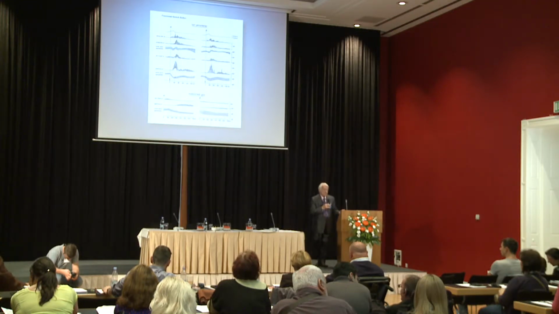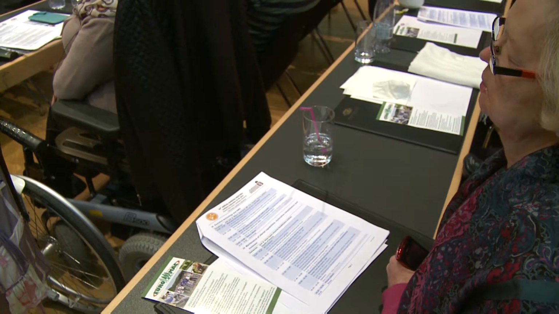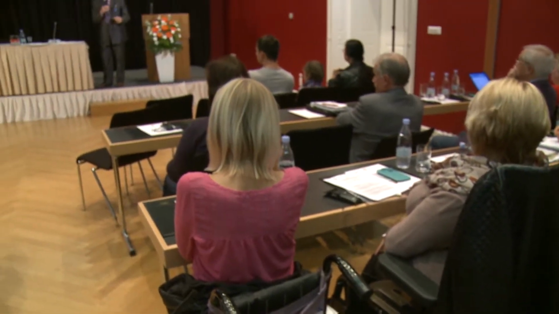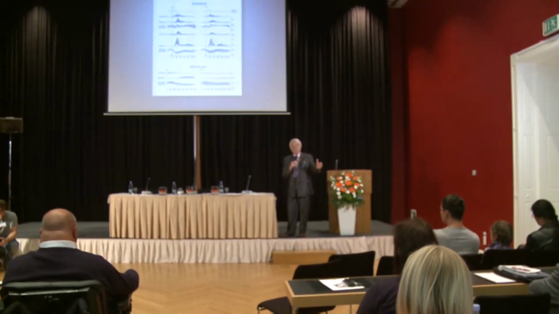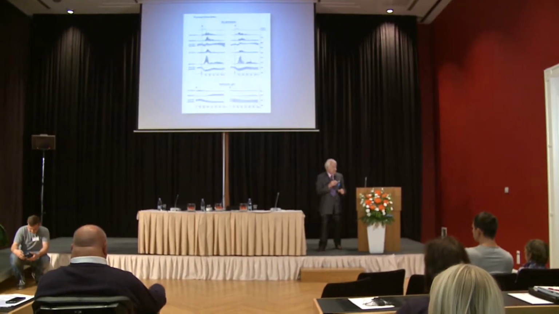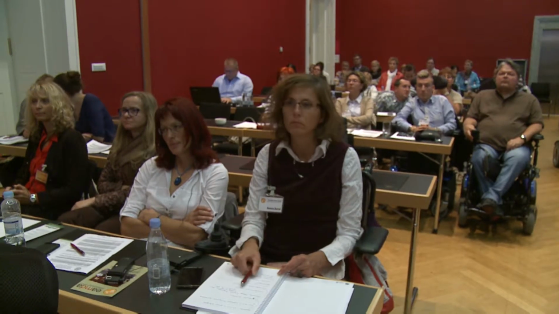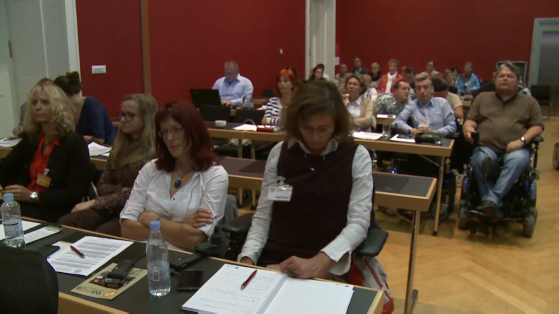And what he was able to show is that there is no difference between the dystrophic person or the person with muscle weakness and the control group. So this is telling you that the nervous system for postural control is functioning perfectly.